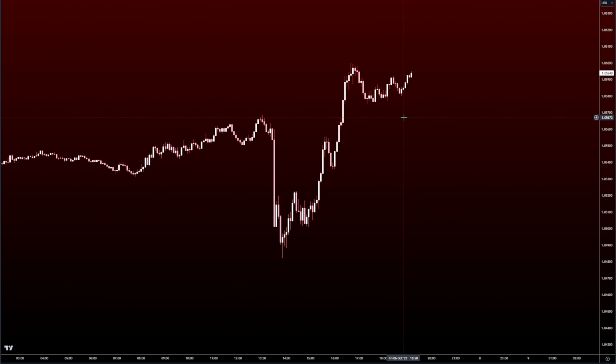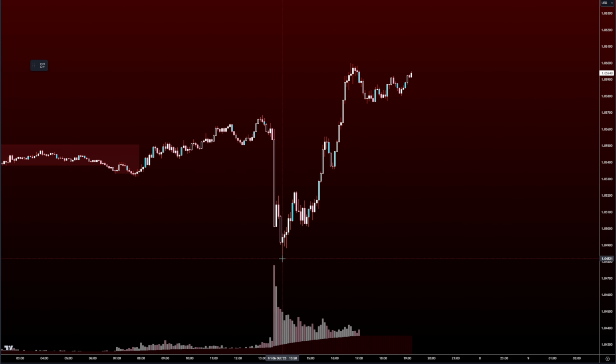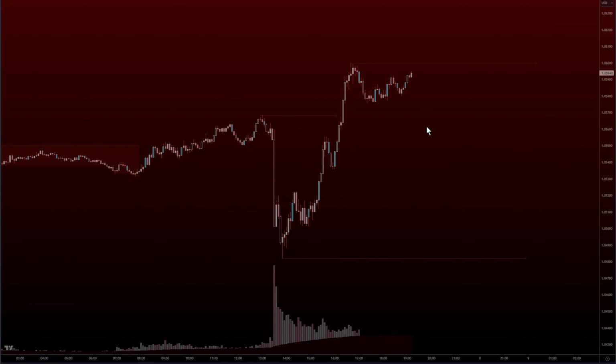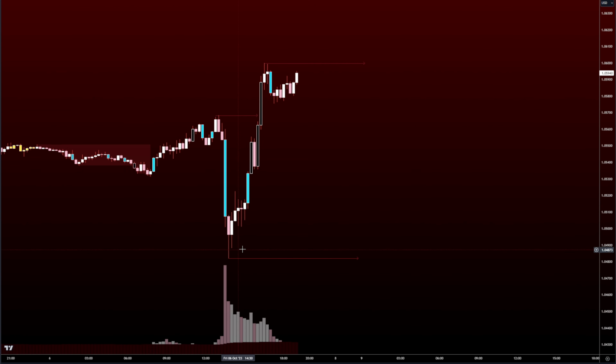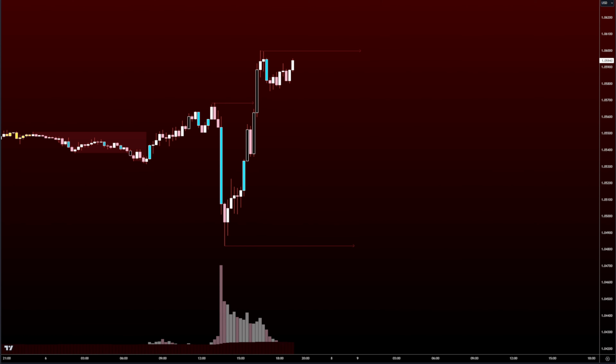We're going to go into the 5-minute chart, guys. We're going to mark some swing structure out. We can see we've had a break of the swing high, confirming to us that we are still in an uptrend of the market. You've got this large spike in volume that happens here before the market progresses upwards. So we know that large players have come into the market here, forcing the market upwards.